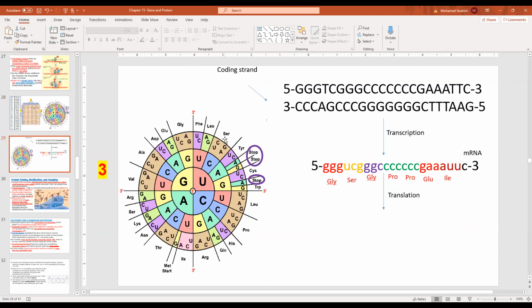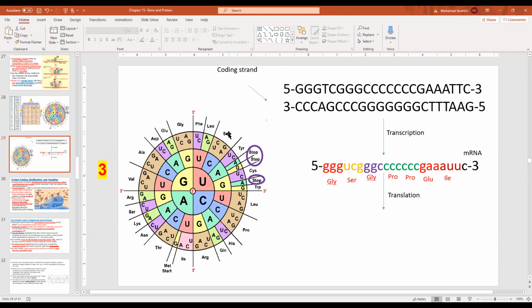For example, look at serine. How many codons for serine? UCA, UCG, UCU, UCC. 4 different codons can code for serine.